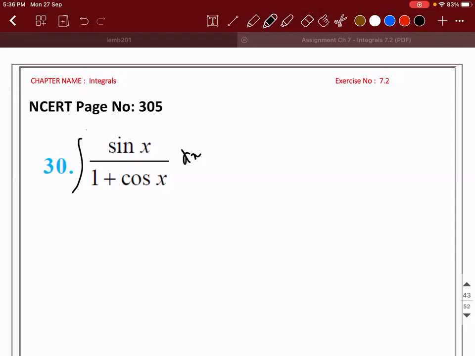Minus log of 1 plus cos x, sir. Correct. Answer will be minus log of 1 plus cos x plus c. Correct.